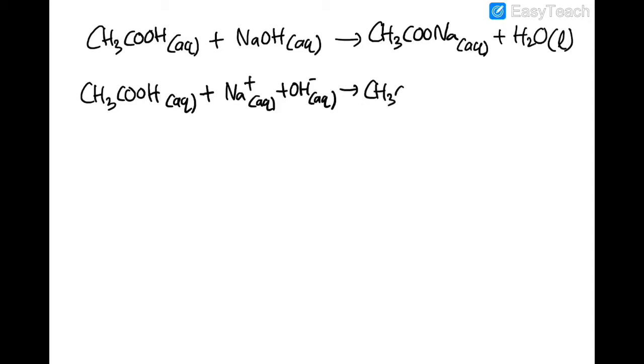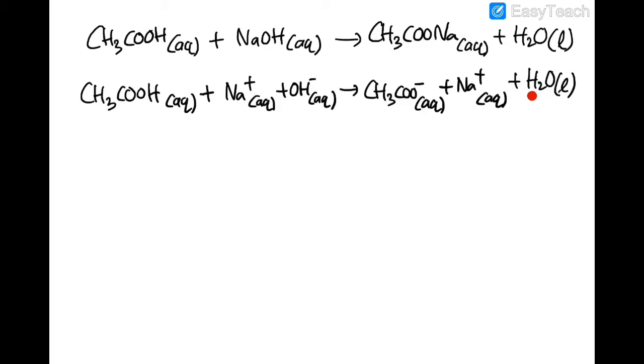So we also have to write them in the dissociated condition. H2O, as usual, stays as H2O. This is the molecular reaction above. The bottom is the total ionic equation, or total ionic reaction.